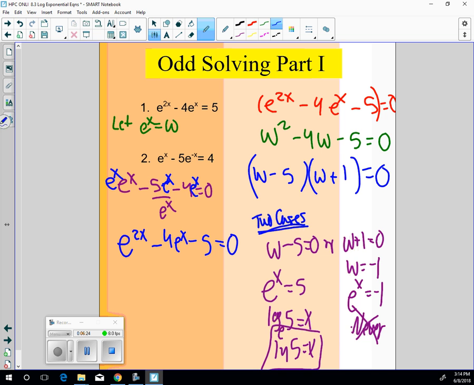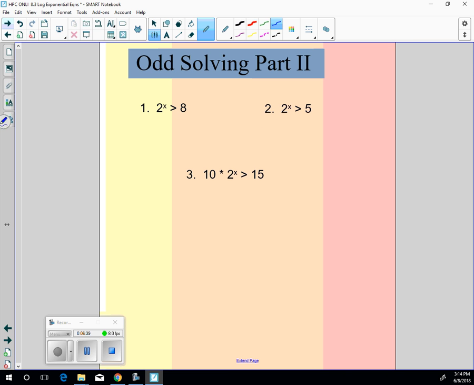So then I would let w equal e to the x again, and you get w squared minus 4w minus 5 equals 0. And then factor it and solve. That's a pretty cool problem.